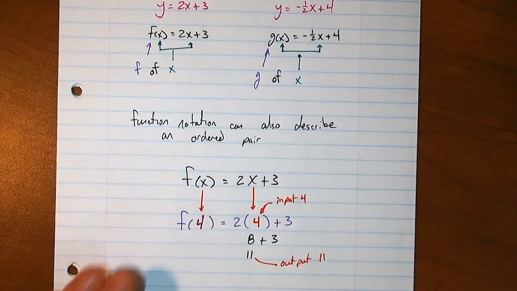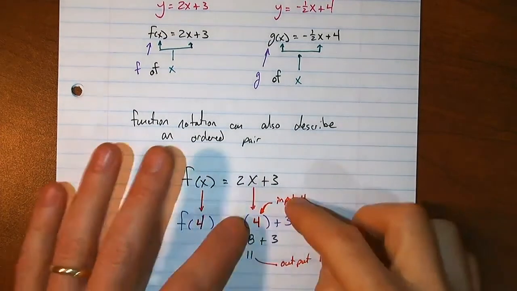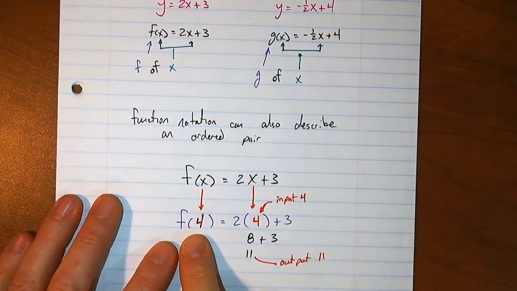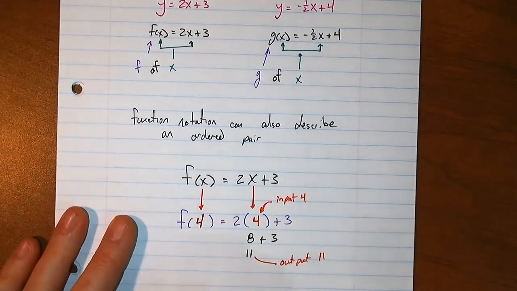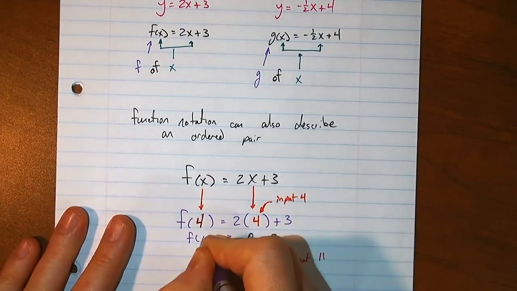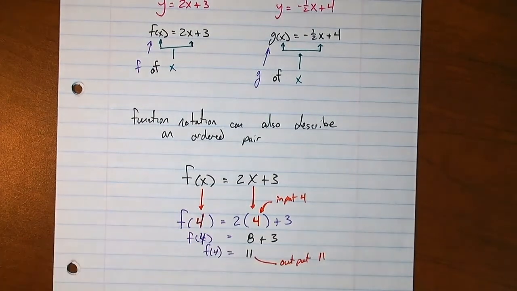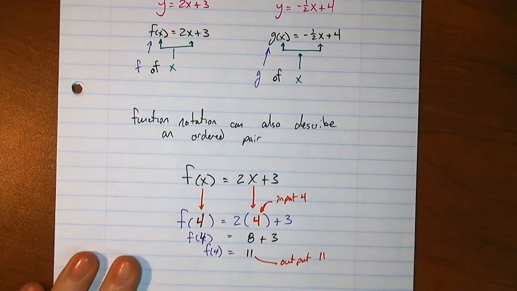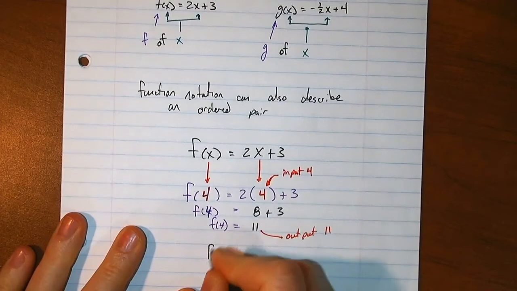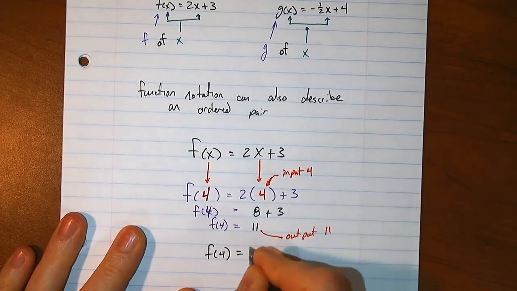Okay, so that's what happened on this side. On the left-hand side, there's nothing to do. I'm just going to leave that, that's a 4, exactly the same as it was. I'm not going to change anything on the left-hand side. So now I have this new expression, f of 4 equals 11.